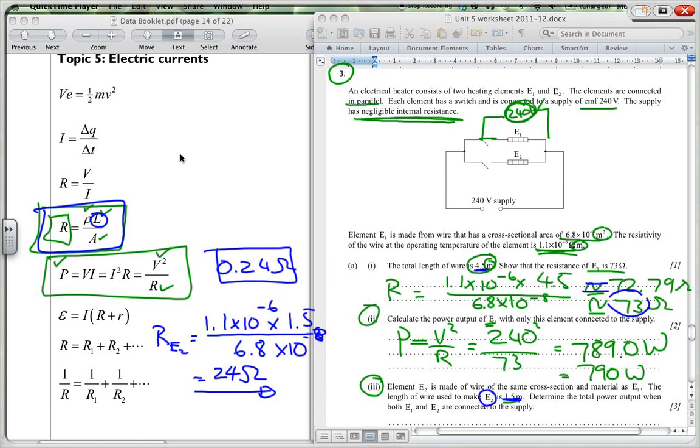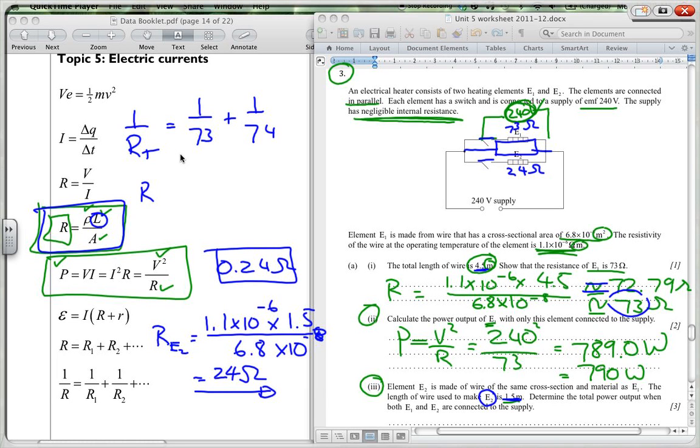So basically we've got here, this is 24 ohms, and this is 73 ohms. Now when they're both closed, we need to work out the combined resistance of both of them. So I'll do this over here, 1 over R total equals 1 over 73 plus 1 over 24. Sorry, not 74, 24.